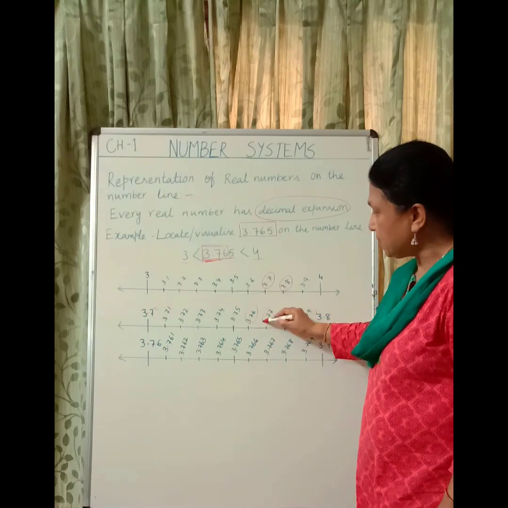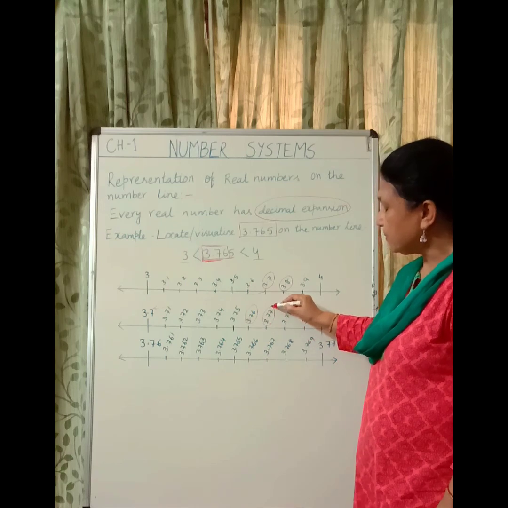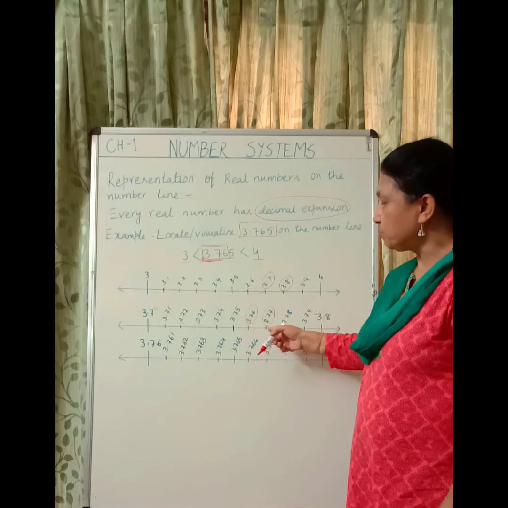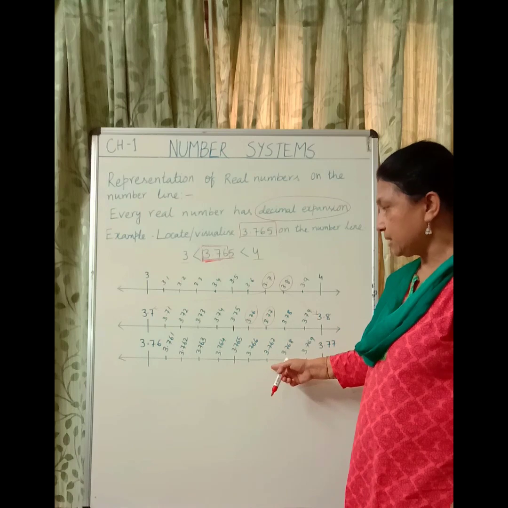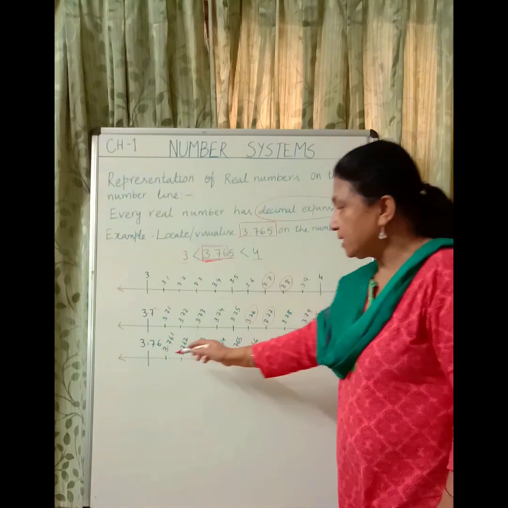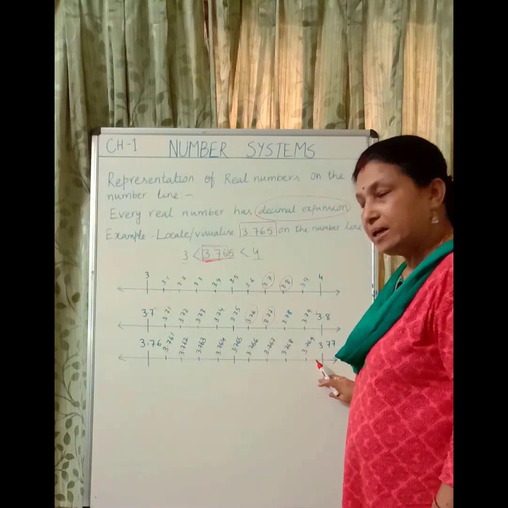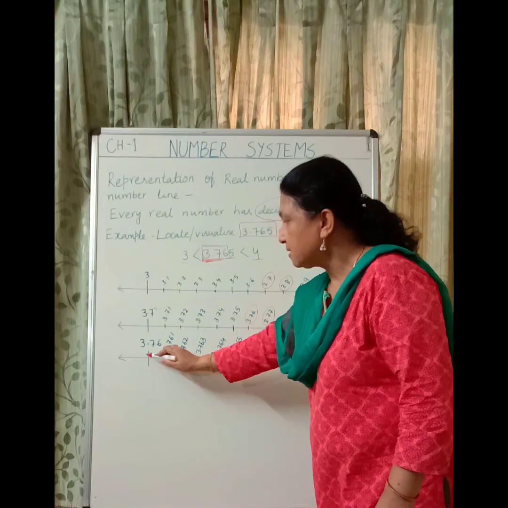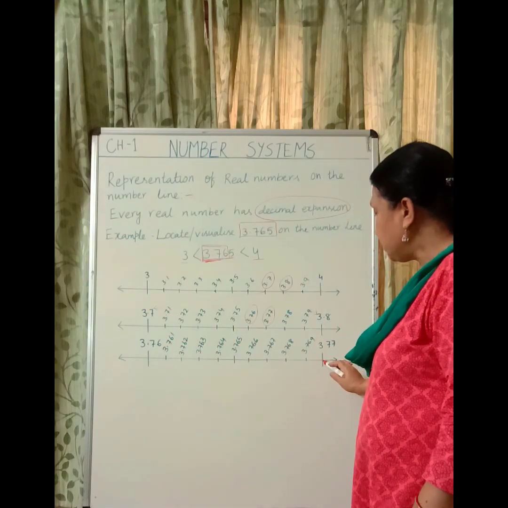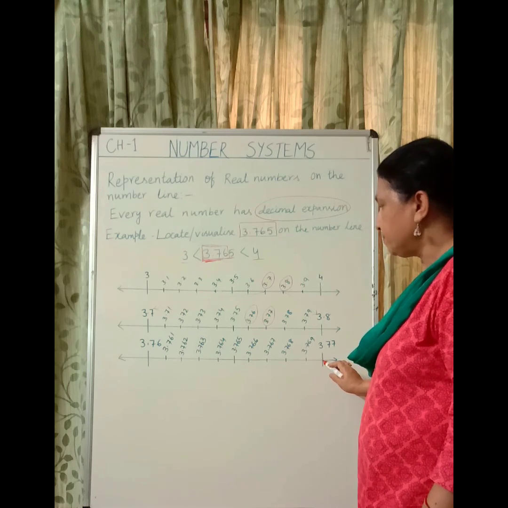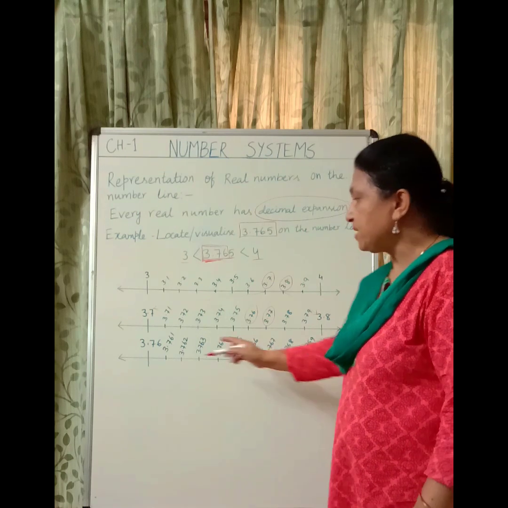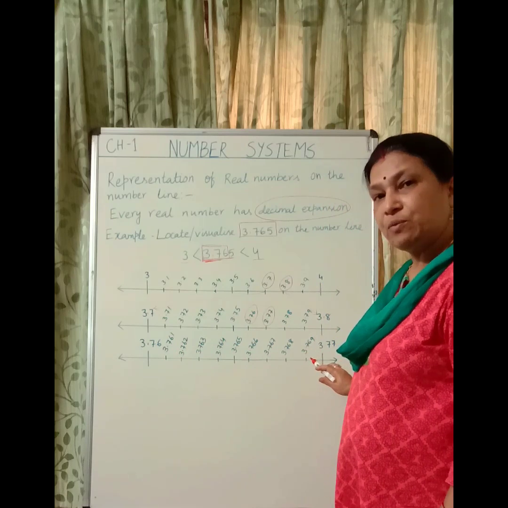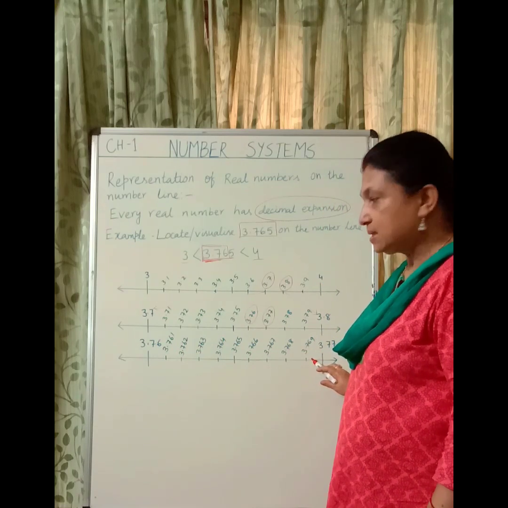We have 3.77. So we will be taking both the numbers in the next number line. We have represented 3.76 and the last number is 3.77. And the same way, we will be dividing this number line into 10 equal parts.